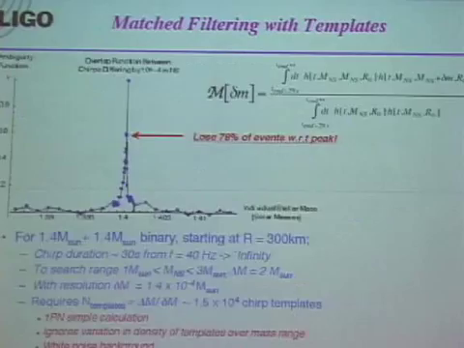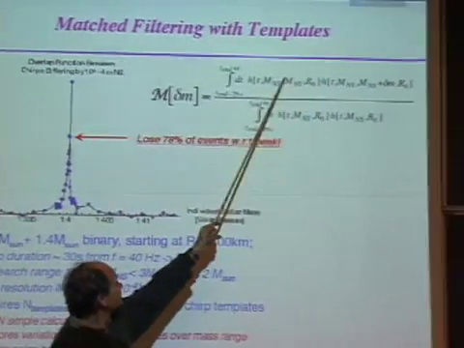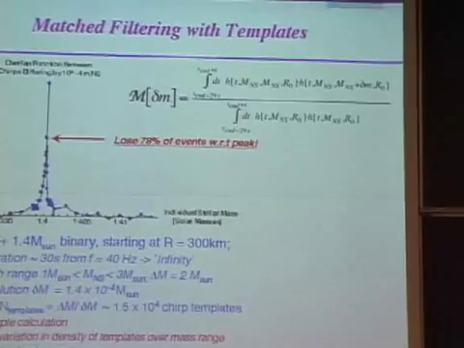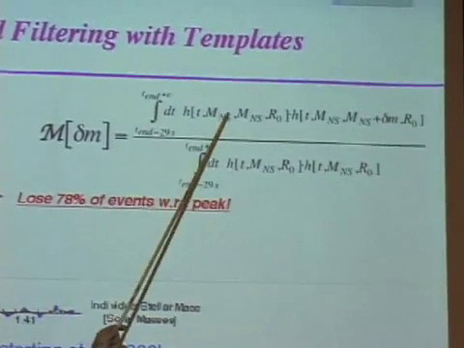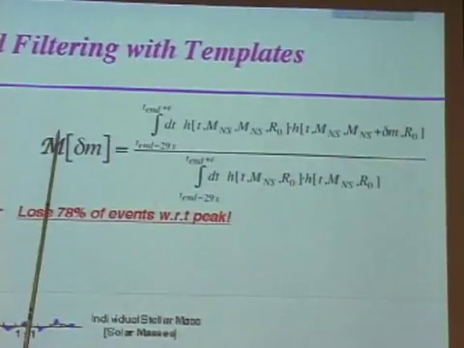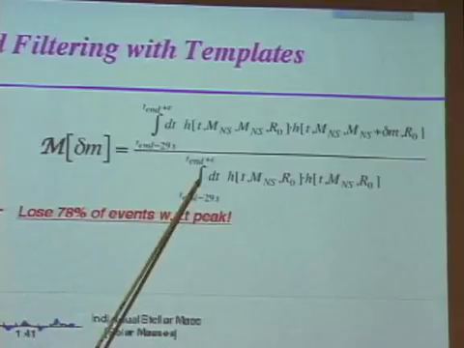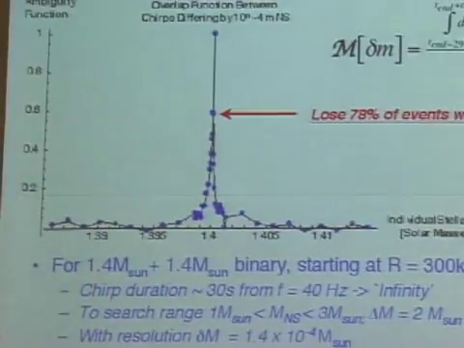And if you take a post-Newtonian chirp, a simple first-order chirp, and do this overlap integral between chirps with slightly different masses, and ask what the ratio is, this overlap function is, normalized to the perfect match, you get this type of behavior. So you get basically a delta function.